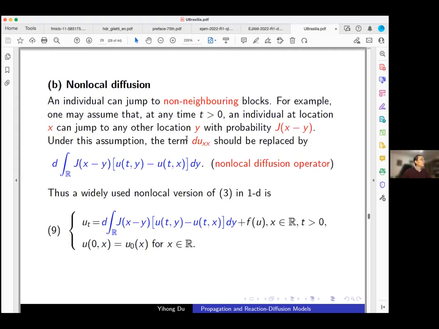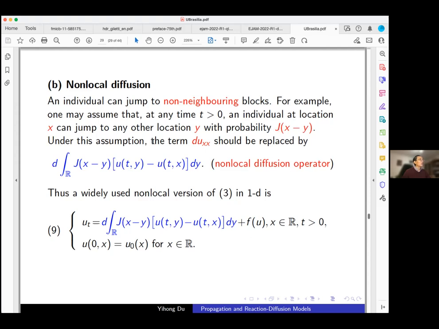Now, if you assume an individual at x can jump to any other location with a probability J, then this is non-local. From the current time to the next time moment, you may jump to far away places, not just the neighboring small interval. This is non-local diffusion, determined by this probability kernel.